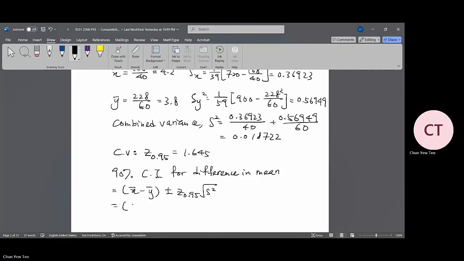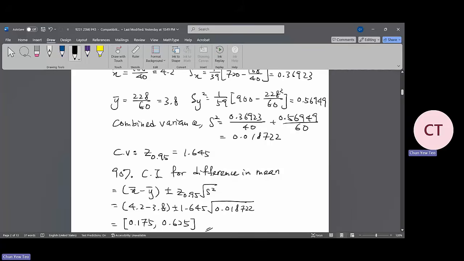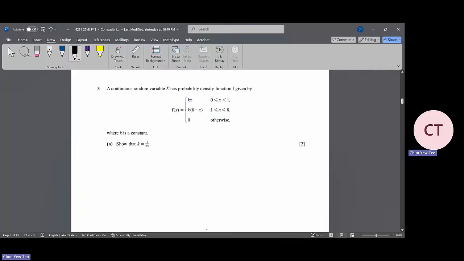So it will be 0.2 minus 3.8, plus or minus 1.645 times the square root of 0.072. The rest, just press the calculator. The smaller value you put here, the bigger value you put there, and this is the interval. Done. This will be the answer for question number 2. Move on, we have question number 3.